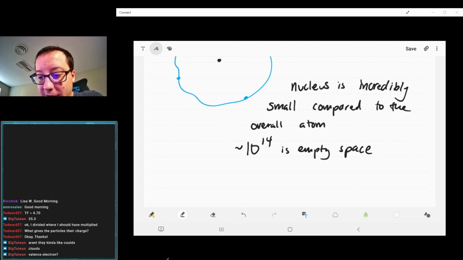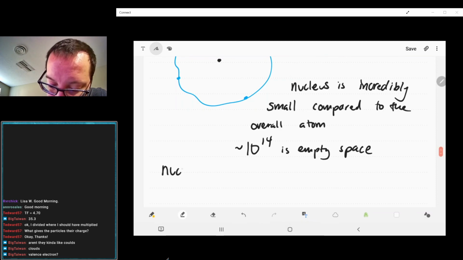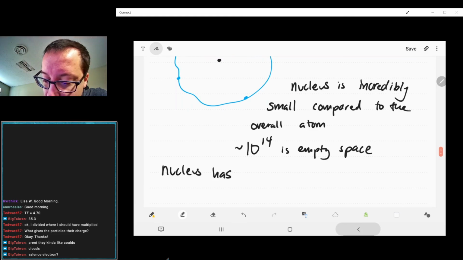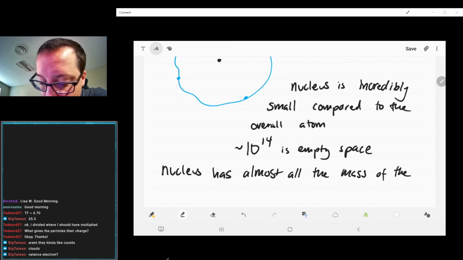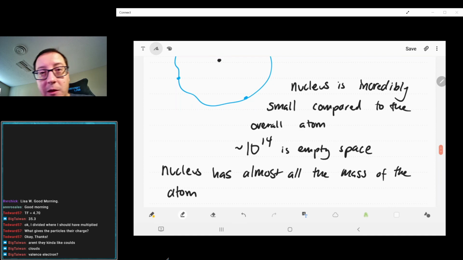However, what's interesting is that the nucleus has almost all the mass of the atom. That 1 grain of sand has all the mass. There's some slight amount around in the stadium, but that 1 grain is going to have all the mass.